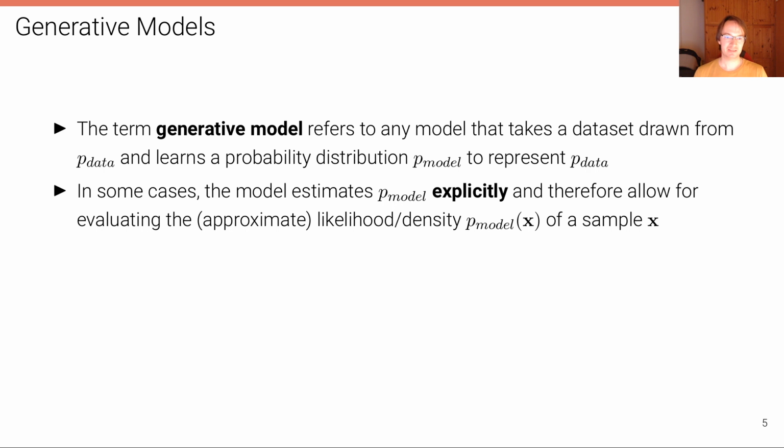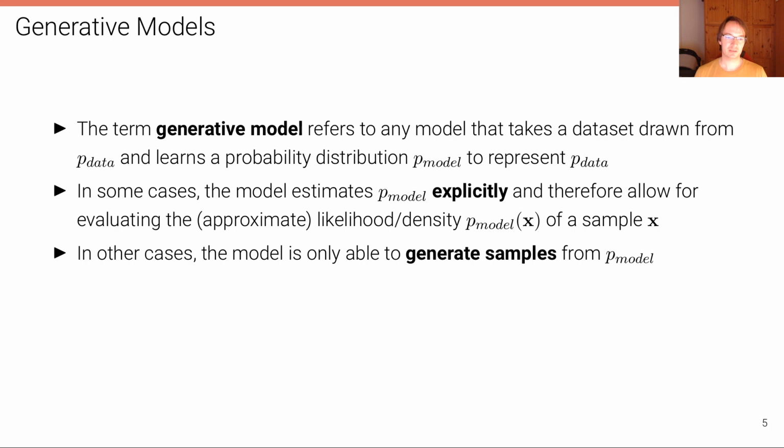In some cases, the model estimates P model explicitly. It represents the distribution explicitly, and therefore it allows for evaluating the approximate likelihood or the density for a particular data sample.